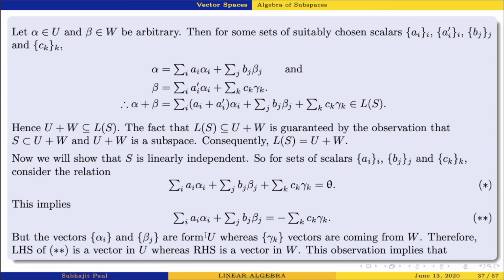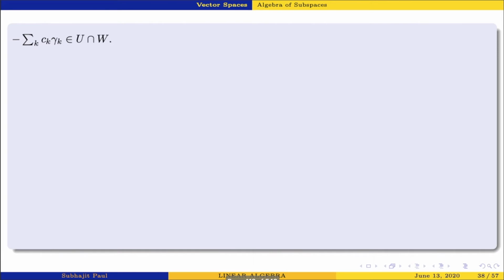This left hand side is a vector from U, because the alpha i and beta j vectors are vectors from U. And this side is a vector from W. So the same vector is there both in U and in W. That means this thing must be in the intersection of both of them, U intersection W.